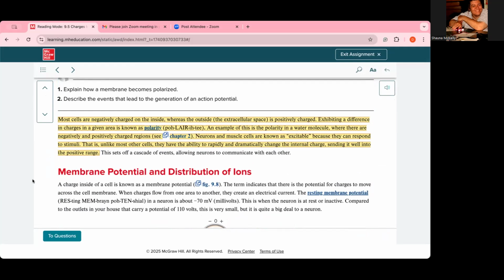Okay, so a difference in charge from the inside to the outside. Okay, go ahead and go back to the question.